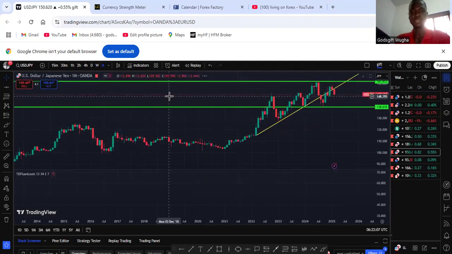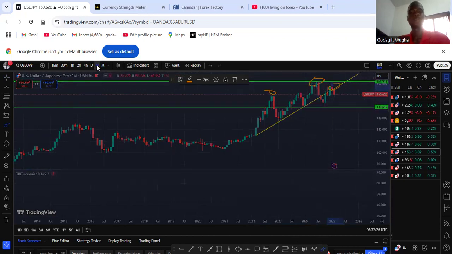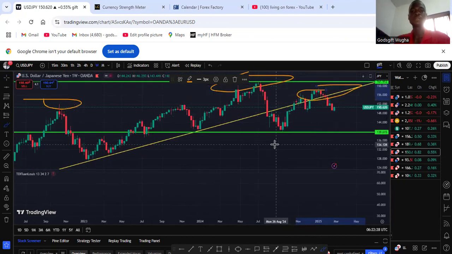Let me use the monthly time frame. This is the head. This is the head and shoulders structure that I'll be preaching about. One, head, and then this. So you saw the structure. When it came back to this level, it could not do anything.